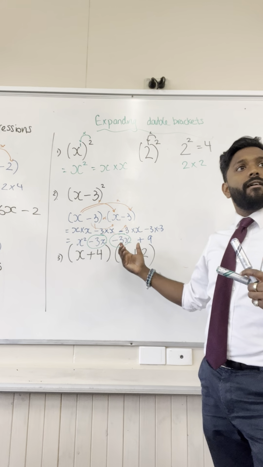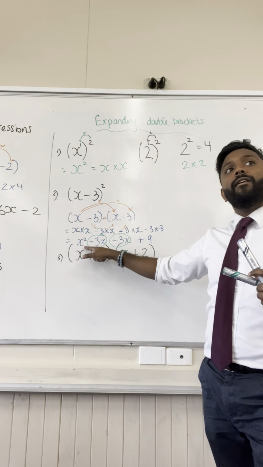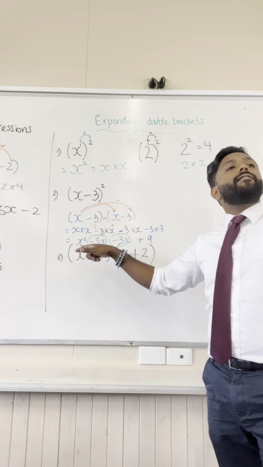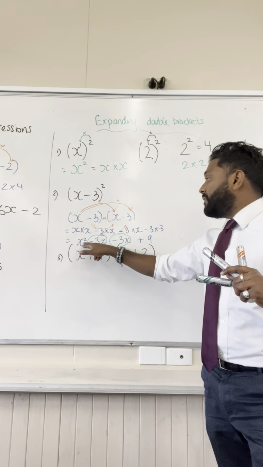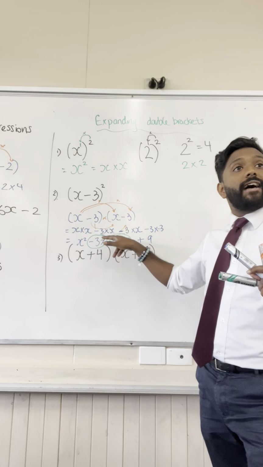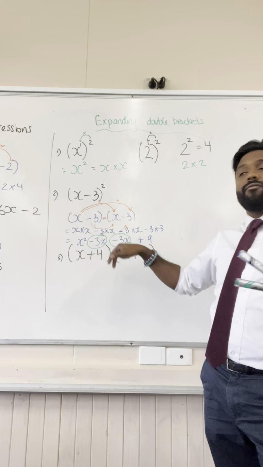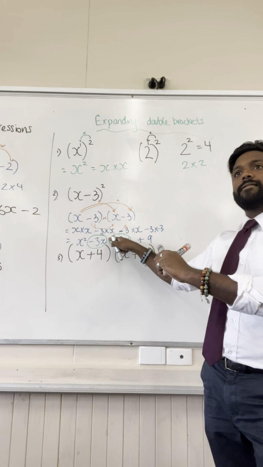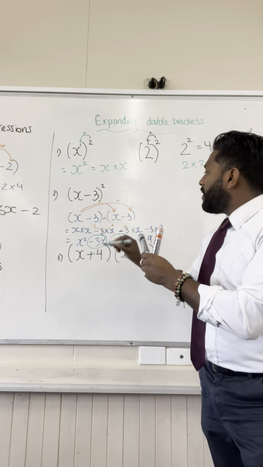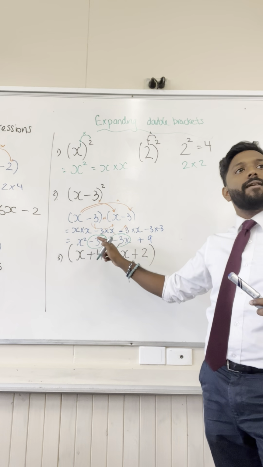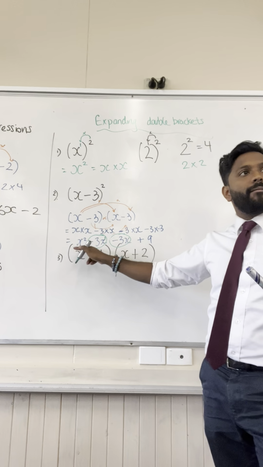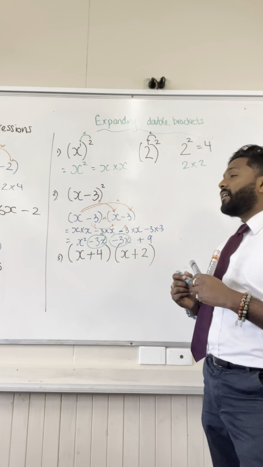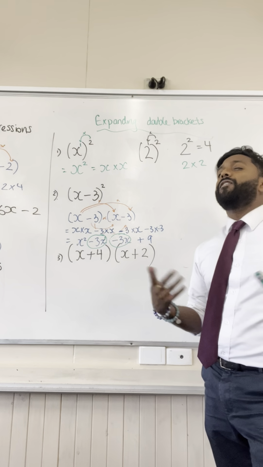Can you add any other terms? Can you add the x squared? Why not? It's not a like term. This has an x squared and this has a 3x, right? What's the power for this 3x? Actually a 1. This is not the same term as this term. They're different terms. They're called unlike terms or not like terms.